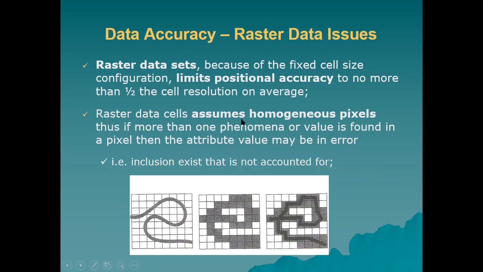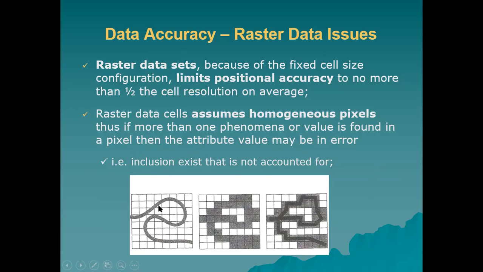So the raster data cells, remember how it works, it assumes a homogeneous pixel. In other words, it will assign a numeric value to the entire cell, even if you have other features occurring within there, and particularly if those features are smaller than half the cell size. So thus, if more than one phenomenon or value is found, it is not reflected because you can only assign one value. That is, inclusion exists that is not accounted for.